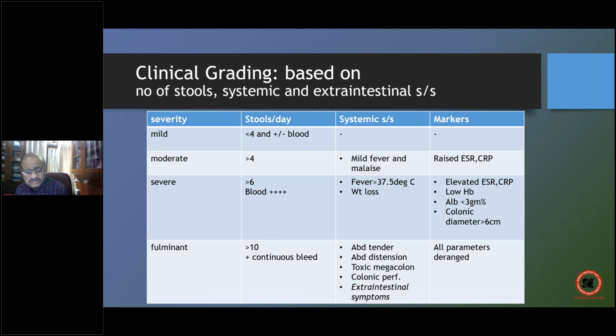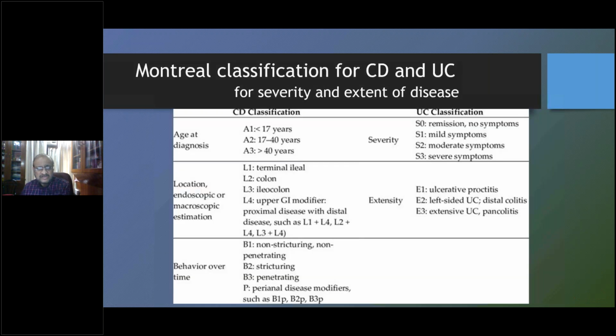The extraintestinal symptoms could be there even in a severe form. Markers are raised in moderate cases in the form of ESR and CRP. You can have a low hemoglobin, albumin cutoff level of 3 gram% and less, colon diameter more than 6 centimeters, and in a fulminant case, all the parameters are severely deranged.